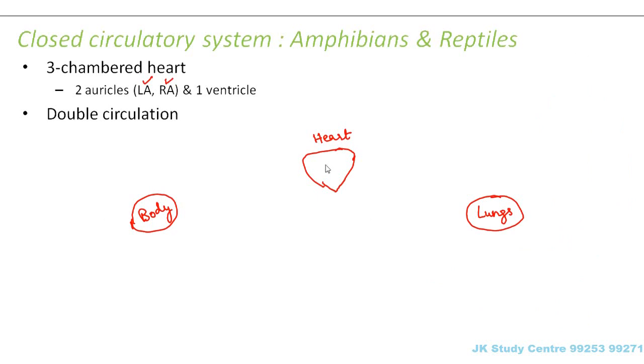Now here the heart is divided into 3 chambers. So there are 2 auricles. Let us suppose this is right auricle, this is left auricle, and this is the ventricle. So this is how the heart looks in case of amphibians and reptiles.